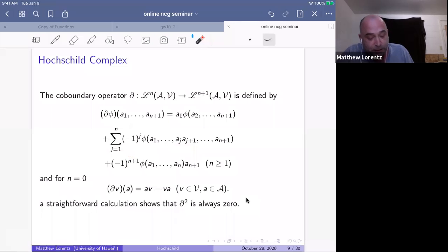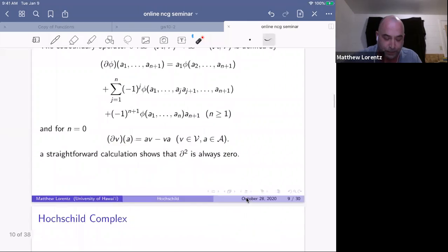And then finally, for the last one, we let the last coordinate come to the outside. And when n equals 0, this is the derivations case that I was mentioning before, where it's an inner derivation given by the commutator bracket. And of course, a straightforward calculation, not an easy one, but a straightforward one, shows that if we apply the boundary map twice, we're going to get 0.